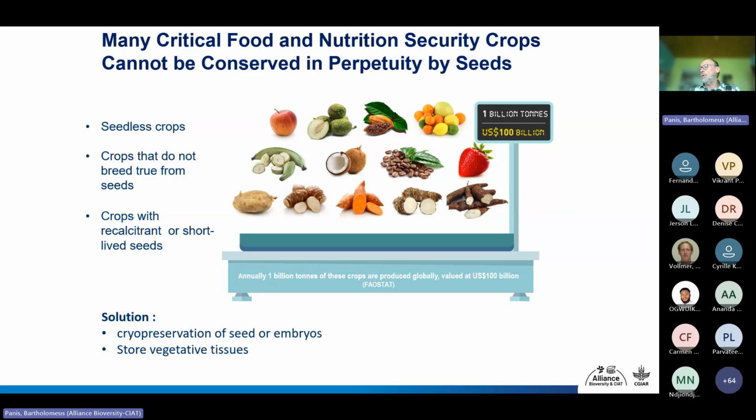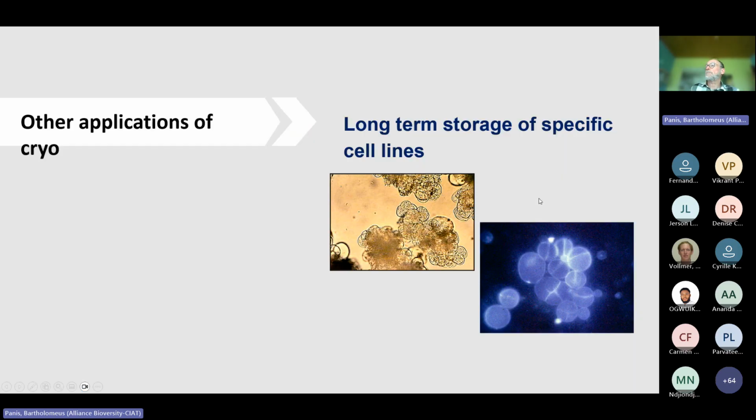You need to preserve the clone, because this is the genetic combination that you store, and when you make seeds out of it, you lose this specific combination. And then finally, of course, you have crops with recalcitrant or short-lived seeds, where normal seed preservation is also not possible. So in this case, cryopreservation is a good solution.